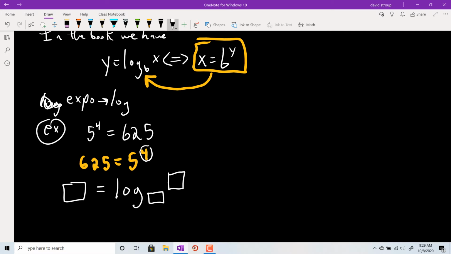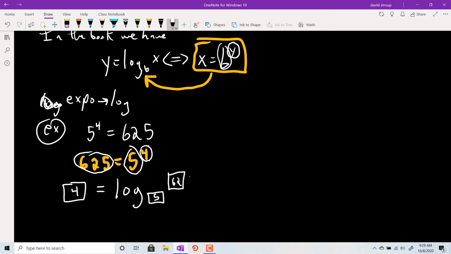Well, the y goes in the first box. So what is y in this context? This thing is the y, right? Because up here, that's the y. So the first box is 4. Then what's the b value that goes in the box below the log? That's the 5. And then the last thing, the x, the 625, goes inside the log.